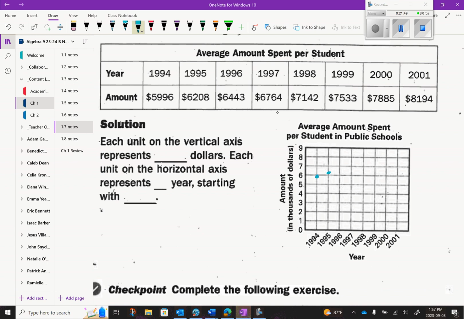There's no way that you can put that in there and be completely accurate. 6,443, just a little bit less than halfway in between 6 and 7. 6,764, 7,142, 7,533, about halfway between 7 and 8. 7,885 and 8,194.